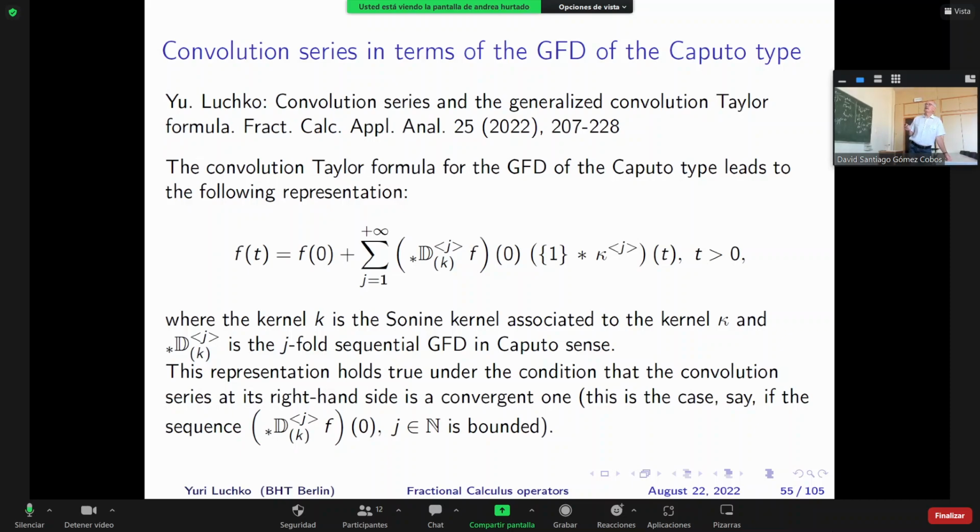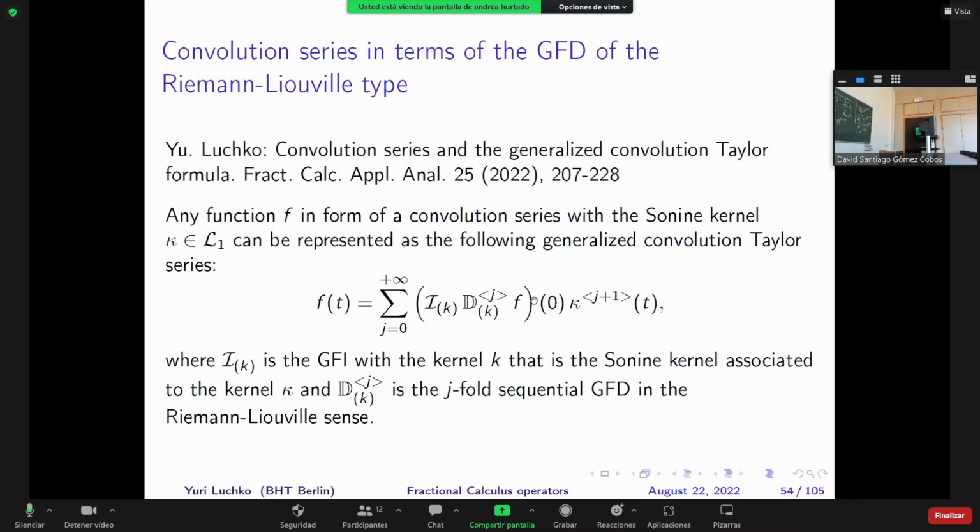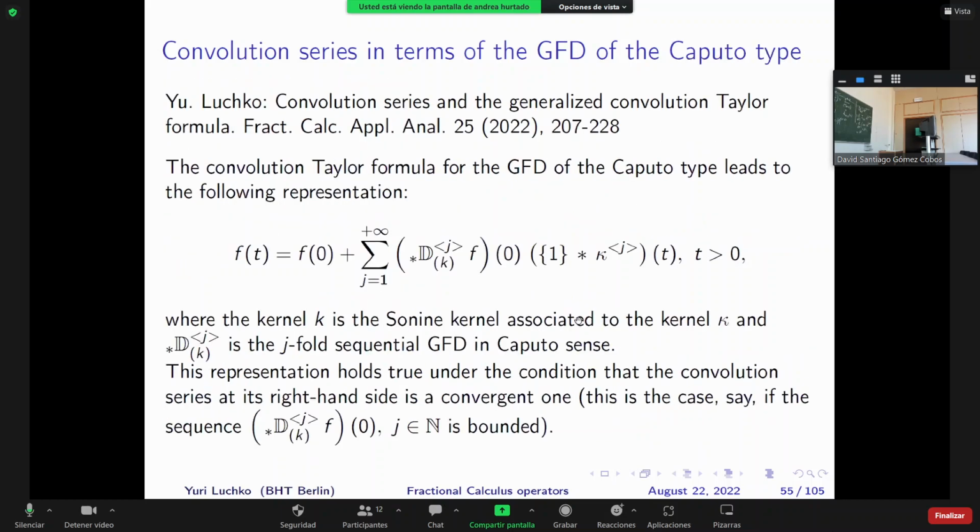You see here that what is here is not exactly a convolution series, because we have here not these basis functions like in this case. Here we have exactly this j plus 1 fold convolutions. So I would say that this is a classical convolution series, and this one is a modification.